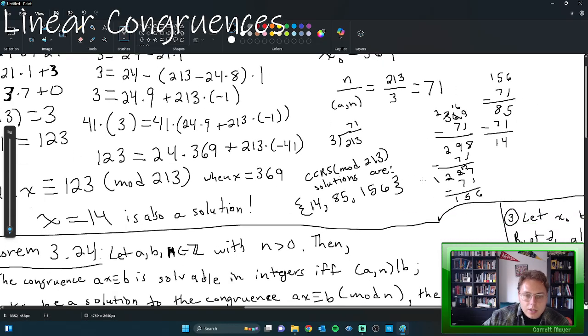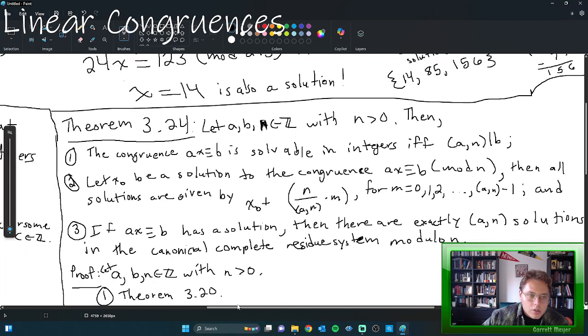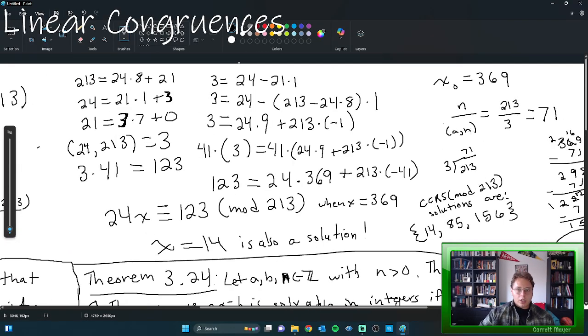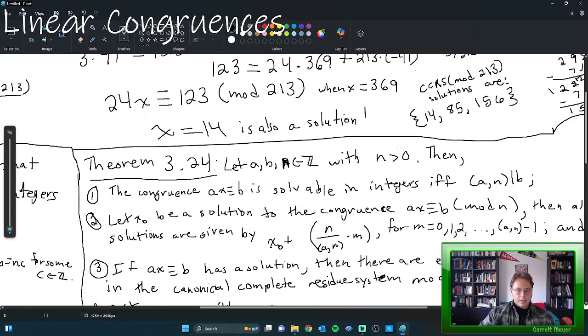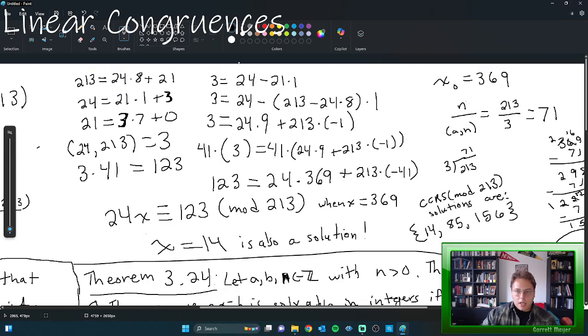So using this theorem, starting with the Euclidean algorithm, we're able to come up with one solution, and then using that along with this fact, we get the rest. Technically the theorem says to just add it, meaning add 71 as many times as the GCD, so three times, to the solution you came up with, and then reduce it back down to the CCRS.